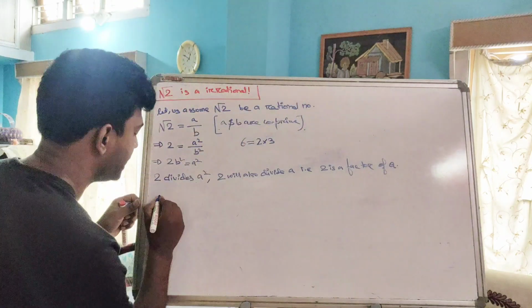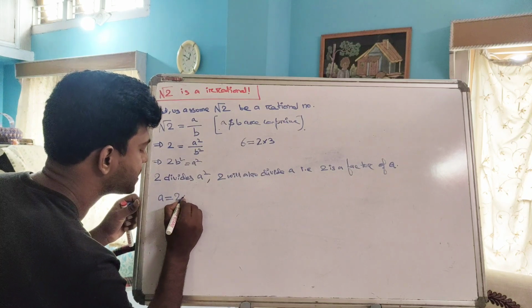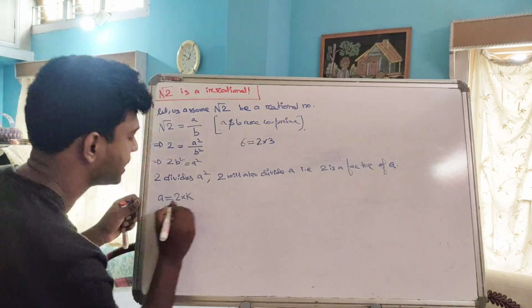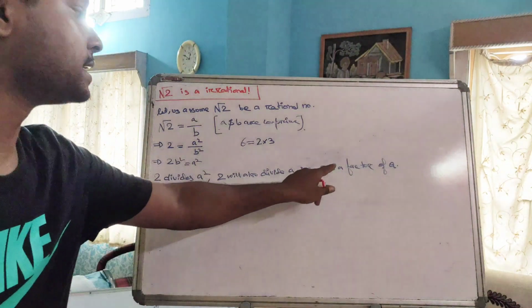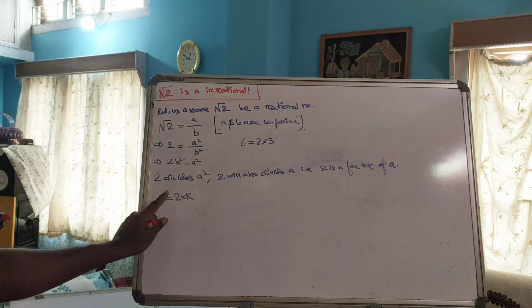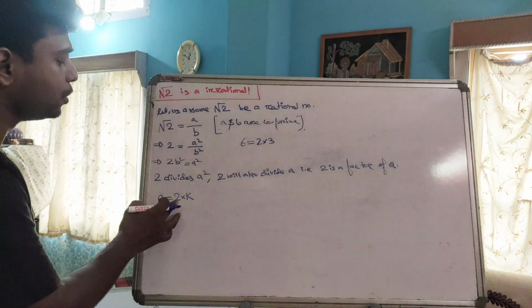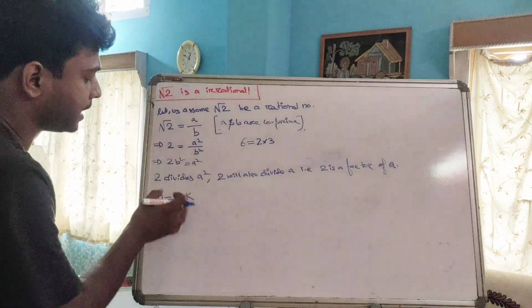So let us write a as a multiple of 2 times some integer, say k. Yes or not? 2 is a factor of a, so 2 will divide a for some integer k.